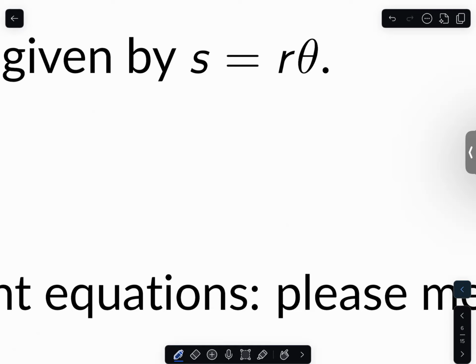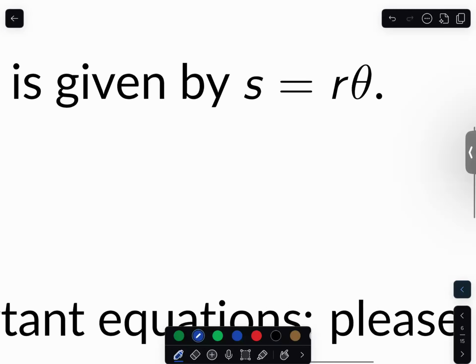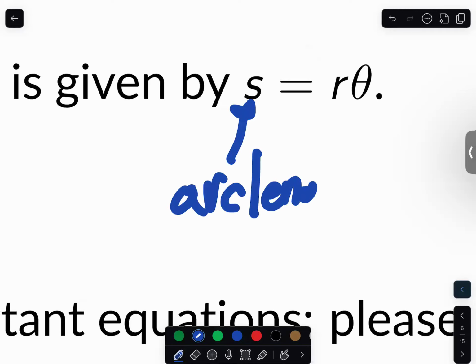One thing is, you don't have to wait for me to put it on. If you just Google, the term for S is arc length, one word. The length of the arc part, this is arc length, one word.